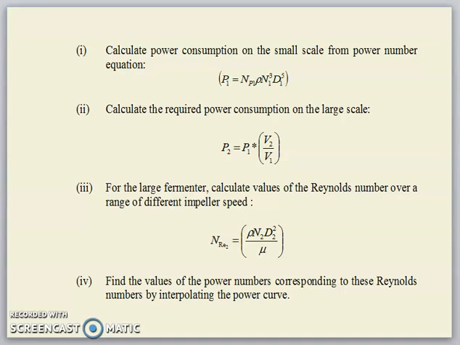Next, you have to calculate the values of Reynolds number over a range of different impeller speeds for the large fermenter. Then find the values of the power number corresponding to the Reynolds number by interpolating the power curve.